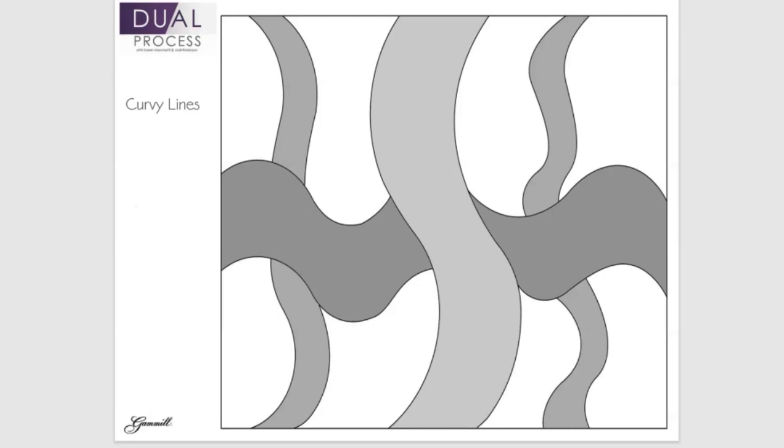So super fast, super easy. I'm going to assume I can probably get to here on one pass. I don't think this is real big. Well, at least in my mind, it's not that big. So I'm going to start right here, and I'm just going to stitch some really random, just wavy lines. Doesn't matter.